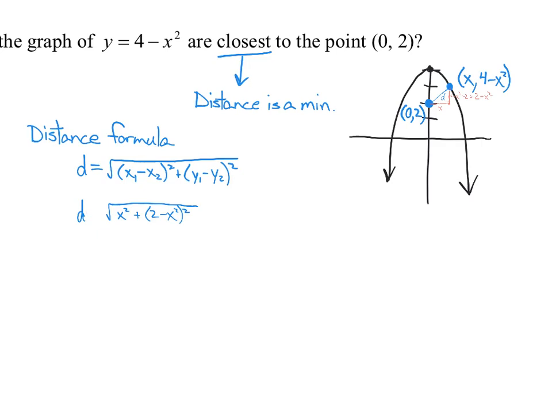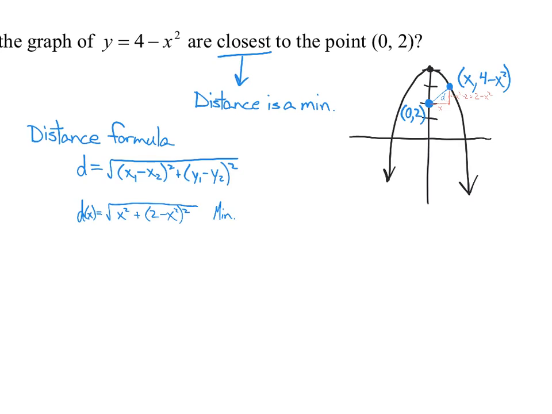I could even write it as d of x if I wanted. What I want here is a minimum value. I want the minimum. Now I know since this is a square root, the distance will never be 0.